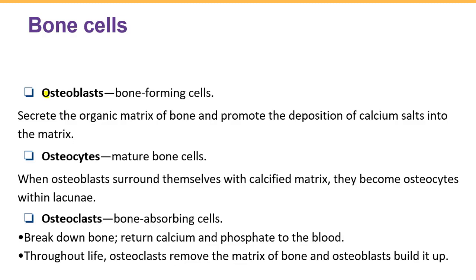First, let's talk about osteoblast. So make sure you know this. Osteo means bone. So when we have osteoblast, osteocyte, osteoclast, we're actually talking about the bone cells. But they have different functions and also they have different shape. So osteoblasts are bone forming cells. It means that these are the cells that produce and secrete the matrix of the bone.